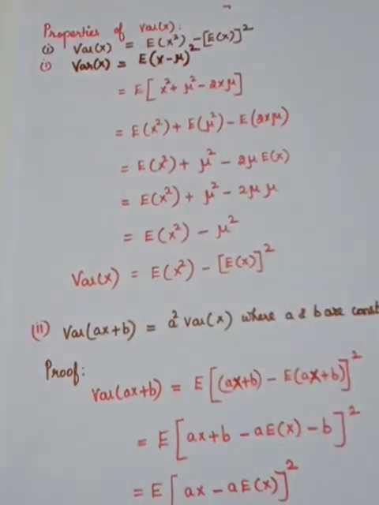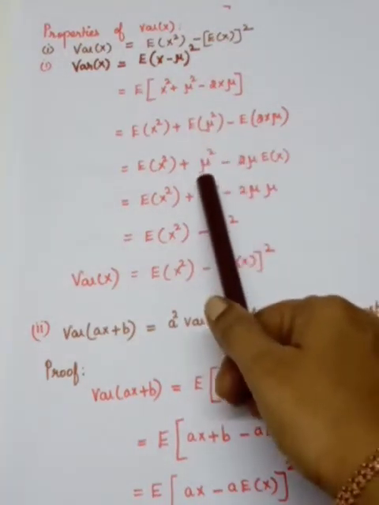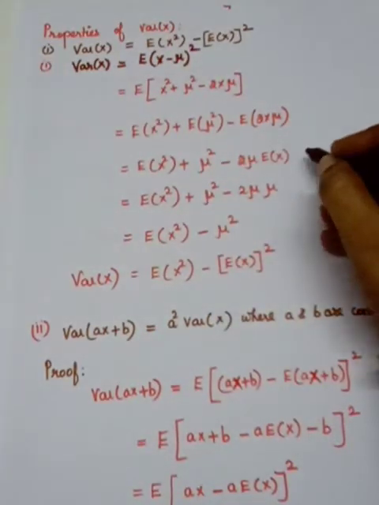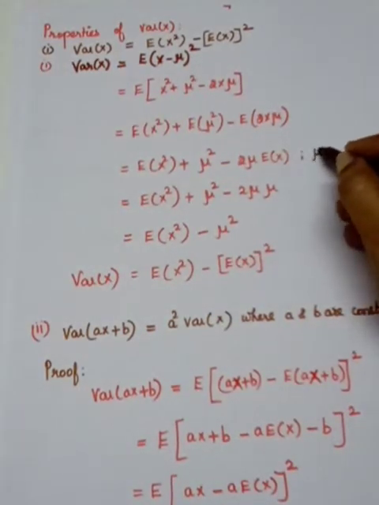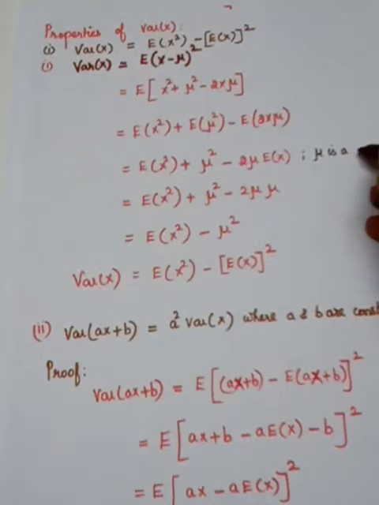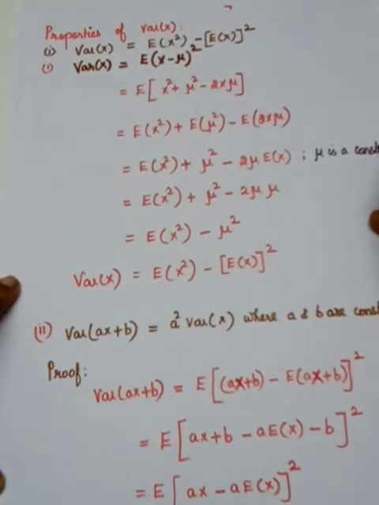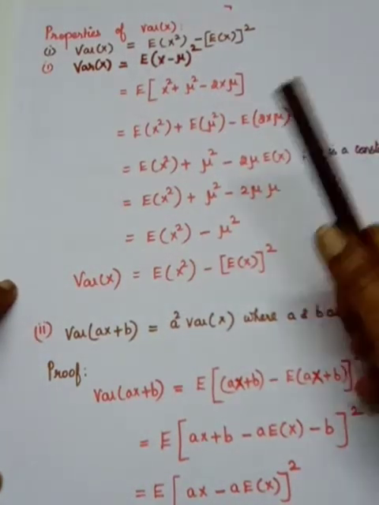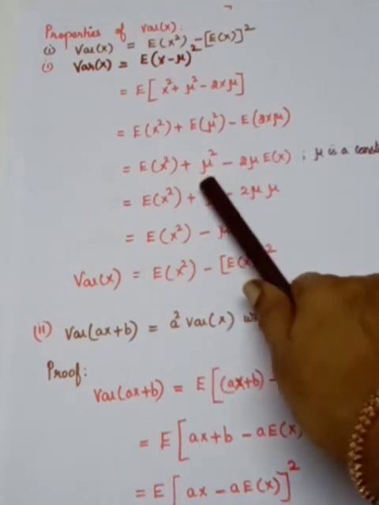It's the mean, so mu is a constant. We have learnt E of b is equal to b. Therefore E of mu squared is equal to mu squared, since mu is a constant, so mu squared is also constant. The expected value of a constant is the constant itself.